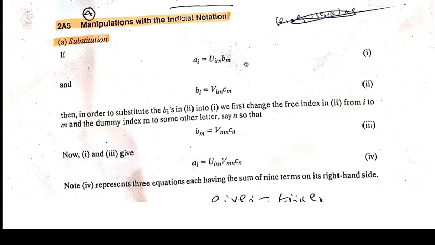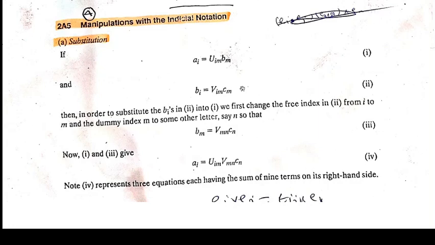Suppose we have this first equation, which is ai equals uim bm, that we have a quantity a whose ith component is the product of the imth component of u and the mth component of b. And this is the second equation, that the ith component of b is in this form, the product of v and c. Now we have to use this second equation in the first equation.